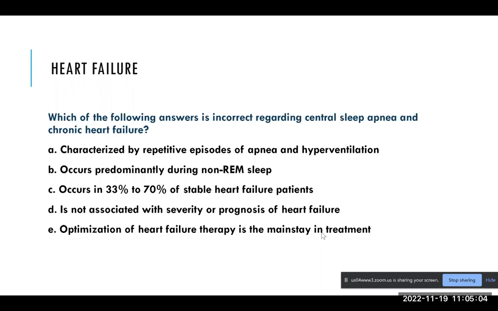So what is correct? What are the statements that you are sure are correct? A is correct. Repeated episodes of apnea and hyperventilation. Anything else?